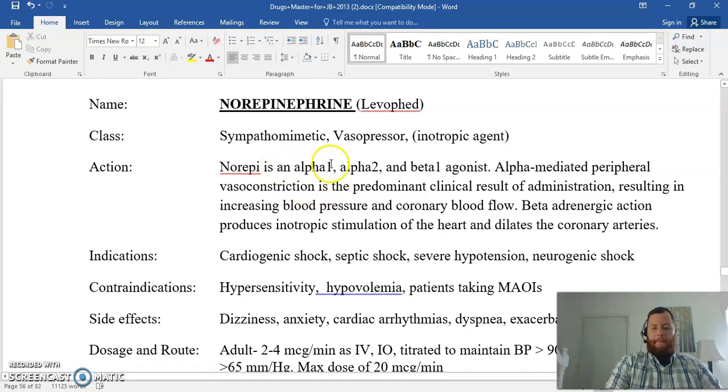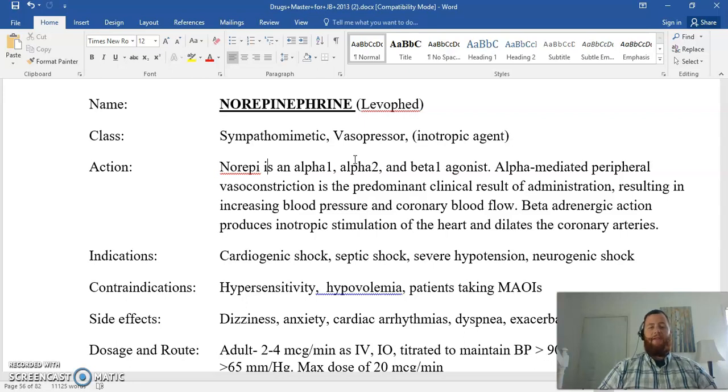Now, under the action, it's important here, and this is the main reason that we talked about the affinity of alpha versus beta receptors with norepinephrine and epinephrine in weeks past, is because I want to make sure that you understand the effects of vasopressors when you give them. So epinephrine, we know, has a much higher affinity to beta receptors than it does to alpha receptors, which means, especially at lower doses, our primary effect of epinephrine is going to be on the heart tissue.